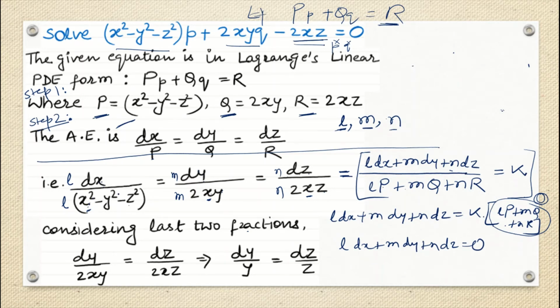if I multiply y in my second fractional term and z in my third fractional term, what will happen? Then it will be something like 2xy square, and then 2xz square, the denominators of the second and third fractions. This will be useful because we can see that we have got a y square term and a z square term, and suppose x in my first term.